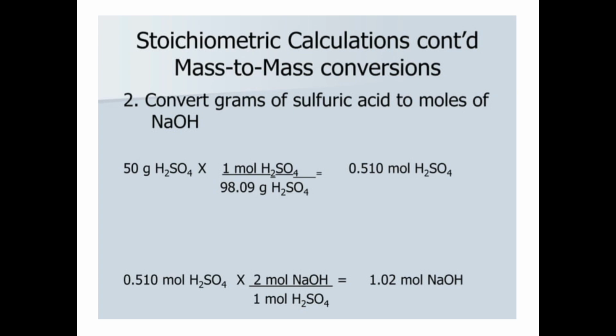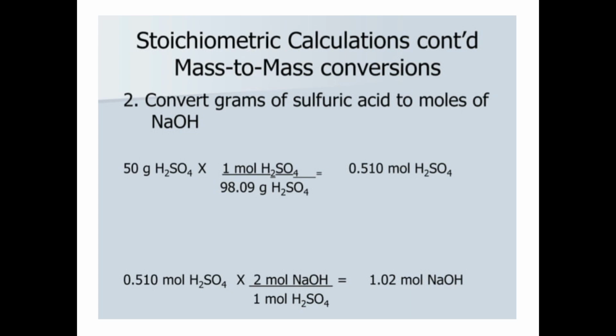Step 3, by the time you have gotten the mole of H2SO4, which is the known, we now go ahead to use mole ratio to find the mole of the unknown. How do we find the mole of the unknown? Back to that formula. The mole of the unknown is the mole of the known times mole ratio. And the mole ratio, don't forget, is the mole of the unknown over the mole of the known.